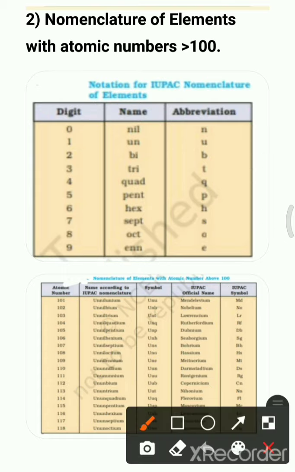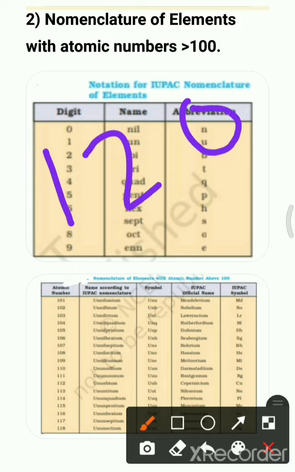You got it, students? Understood, no? For example, 120 is the atomic number given. We don't know what the actual element 120 is, as it is not yet discovered. So the question is, if the atomic number is 120, what would be the IUPAC name and symbol?